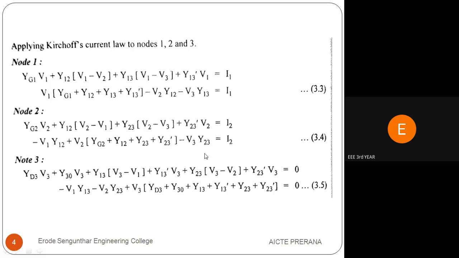From this we rearrange the equation in terms of V1, V2 and V3, and after rearranging we consider it as equation number 5. From these 3 equations, we can form a matrix. That matrix is a 3 cross 3 matrix.